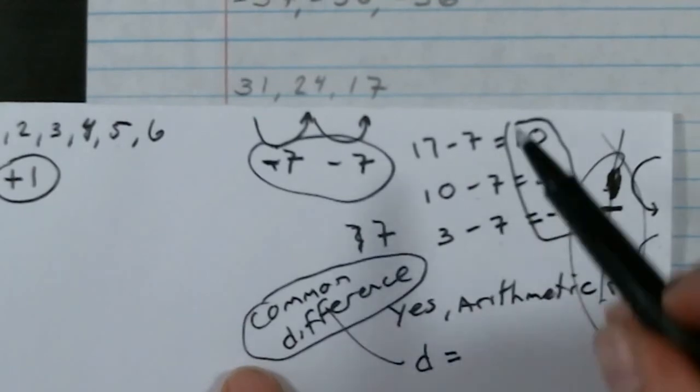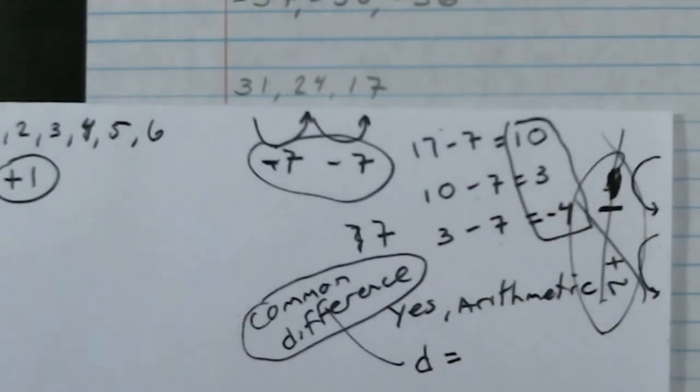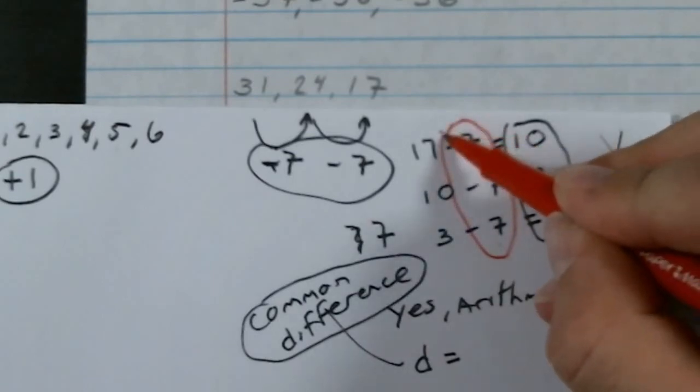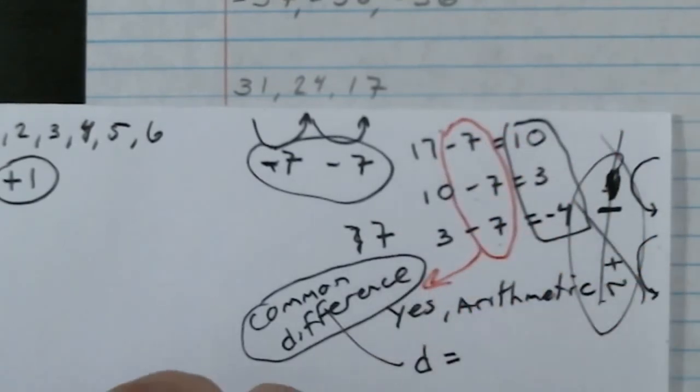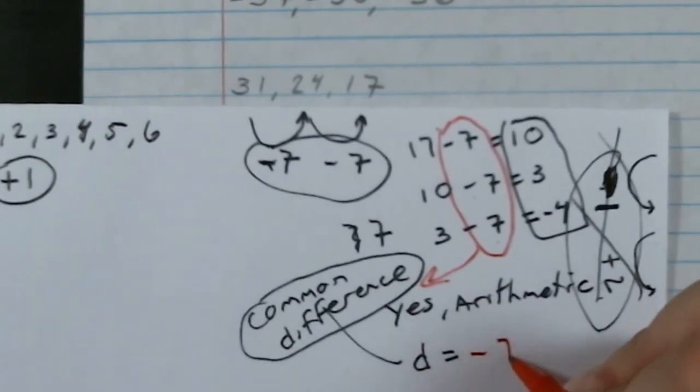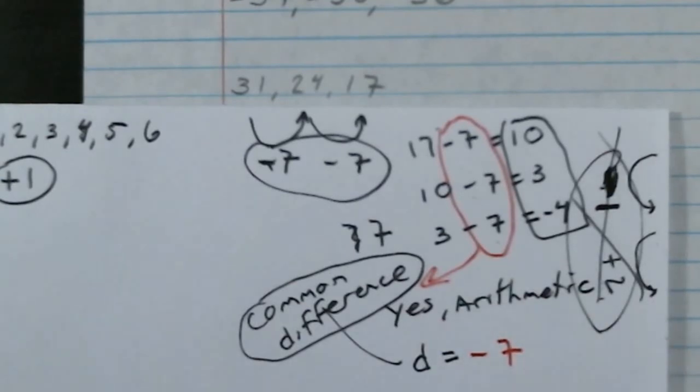That difference is this right here. That's your answer. The difference for this one is going to be negative 7. And then I'm going to say, okay, what are your 3 predictions? Your 3 predictions are going to be 10, 3, and negative 4. And that's what I'm going to require you to do on your homework.